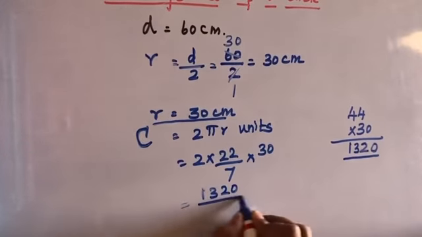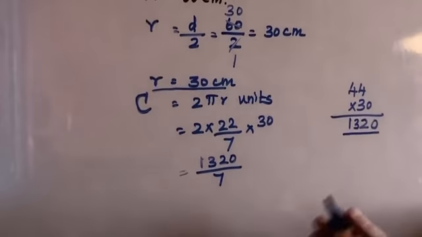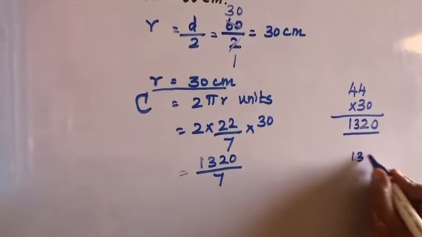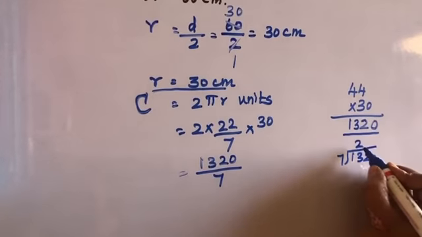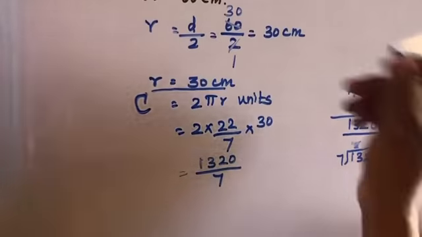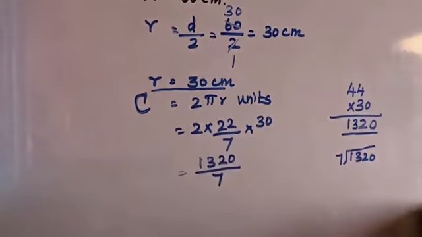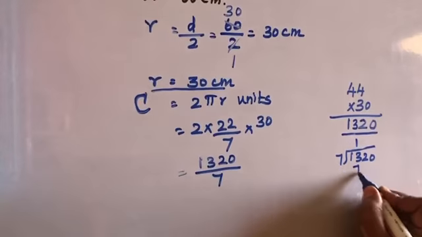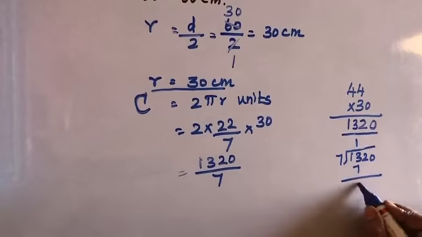1320 divided by 7. You should not ignore that. So shall we divide now? 1320 divided by 7. So 2 times you cannot do it. 1 time. 1 7 is 7. While subtracting 7 from 13 you get 6.